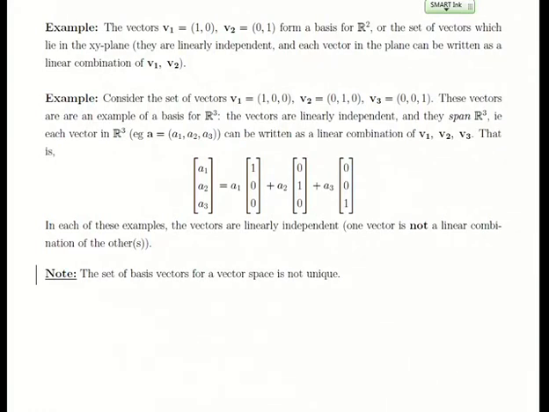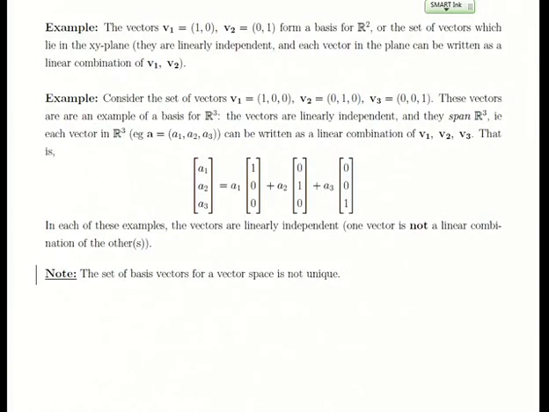Here's one. The set of basis vectors for a vector space is not unique, so I can show you an example. If you think about 2 dimensions, normally you would just have i and j, but if you have (1, 1) and (-1, 1), these 2 things form a basis for R squared. I can get anywhere in R squared just using these.